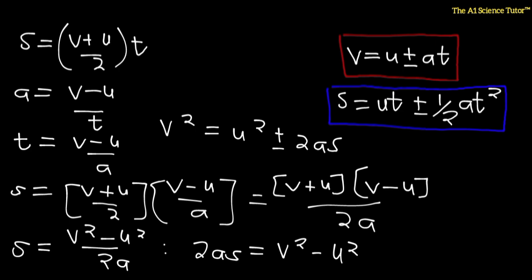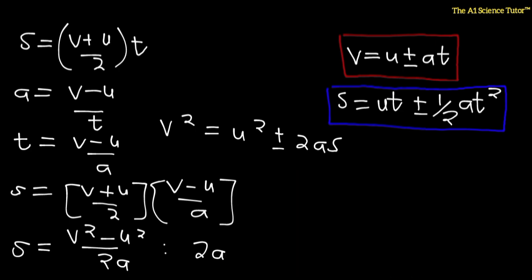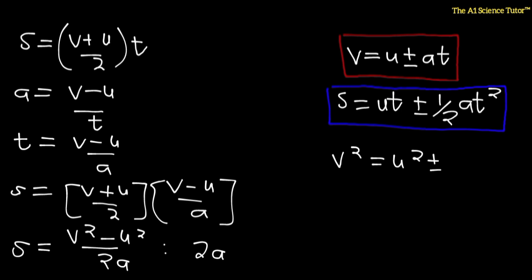So this is the third equation of motion. Let me wipe this out and write it better. So we have V squared is equal to U squared plus or minus 2AS.